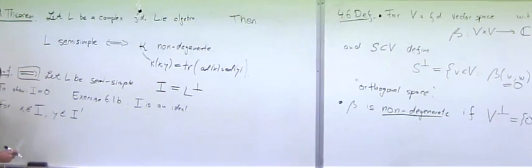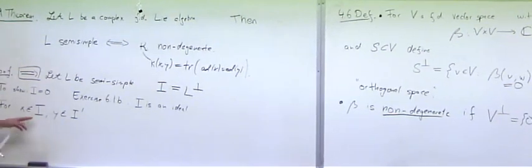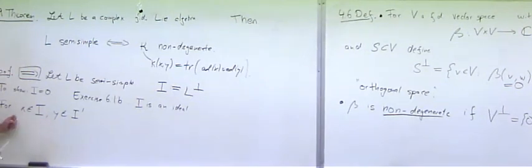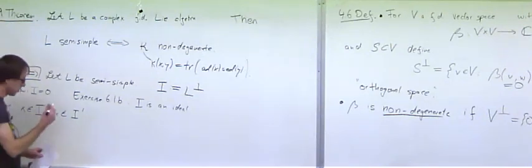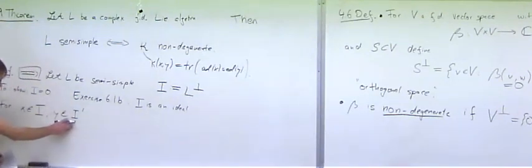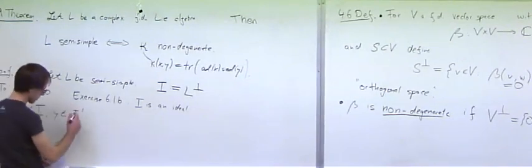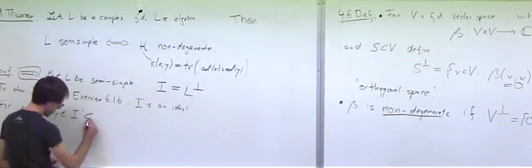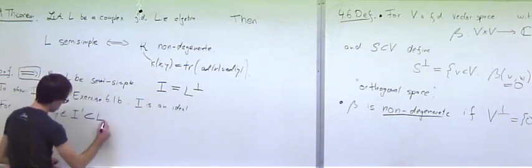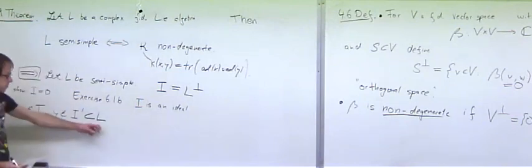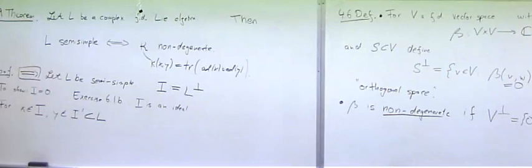Now I want to apply this criterion for solvability we showed earlier with this very long proof. So X is an element of I, Y is an element of the derived algebra, but in fact we don't even need to know that it's an element of the derived algebra. It's certainly just another element in the entire Lie algebra L.